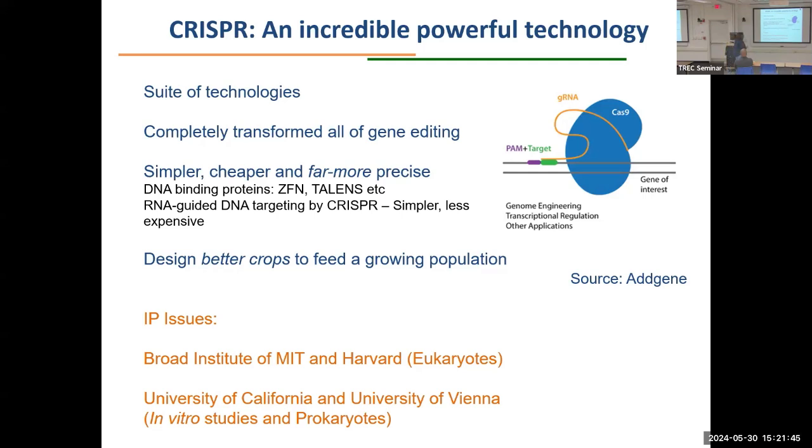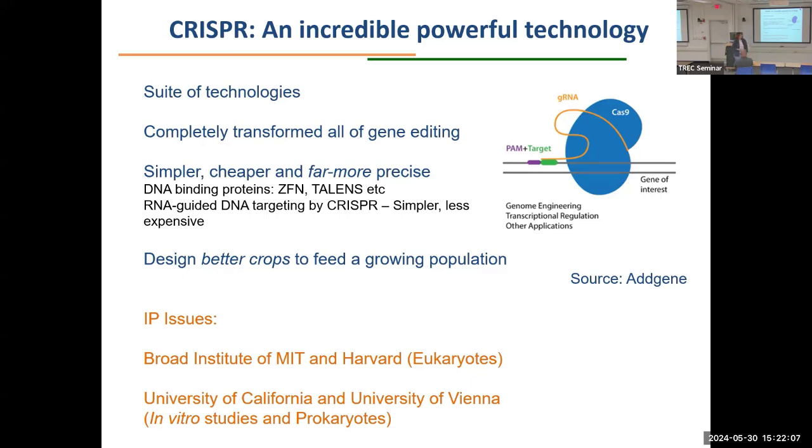With the help of CRISPR, it is easy nowadays to design any crop for better nutrition, high yield, and disease resistance to feed the growing population. Now comes to the IP issues.